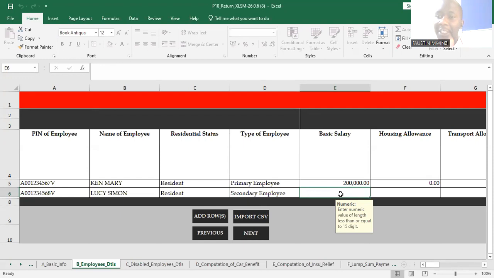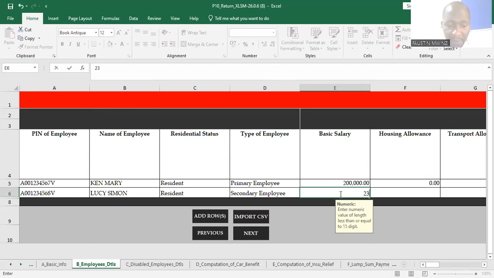You could be a lecturer at Nairobi University, but you sneak out, or whichever way, you find yourself at KCA University doing part-time teaching. At KCA, you'll be a secondary employee. At Nairobi University, you'll be a primary employee. A doctor employed by Nairobi Hospital, the primary employer, goes to Aga Khan and becomes secondary. So this is for a secondary employee.